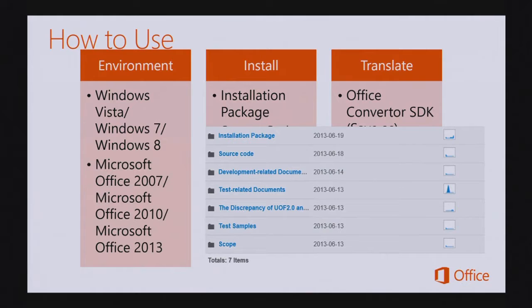How could we get it and use it? It has been uploaded to the website, and you can download it directly. In the download page, there is the installation package, which provides the installation of the translator. And it's also open source. You can see all the source code of it.